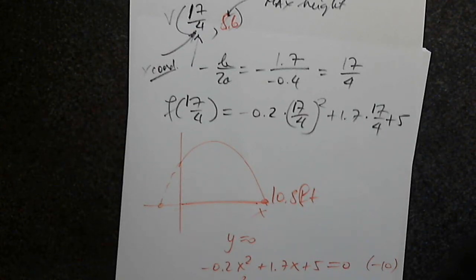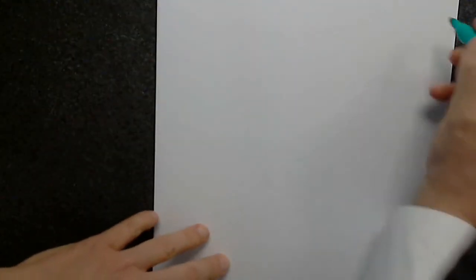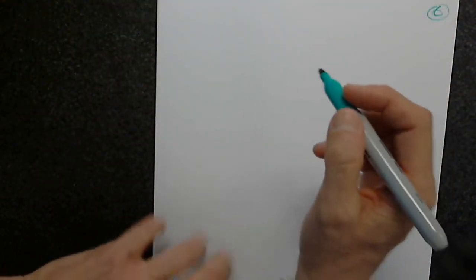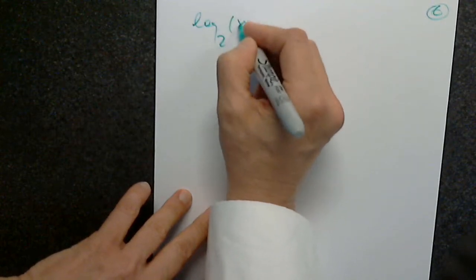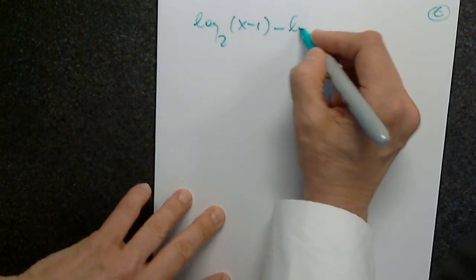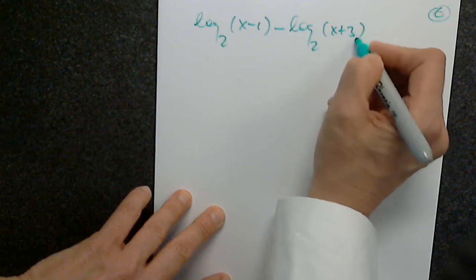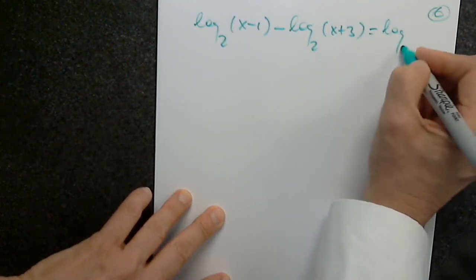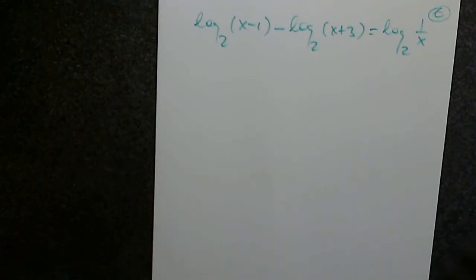So I would like to look at the equation that we had on this past test. Although I really wanted to review the previous test more, this caught my eye. Log base 2 of x minus 1 minus log base 2 of x plus 3 equals log base 2 of 1 over x. I just want to point out a mistake only for one purpose, to understand and not make it again.